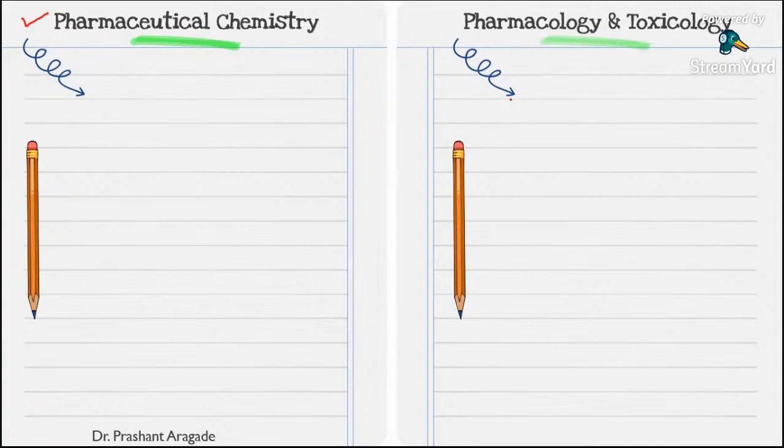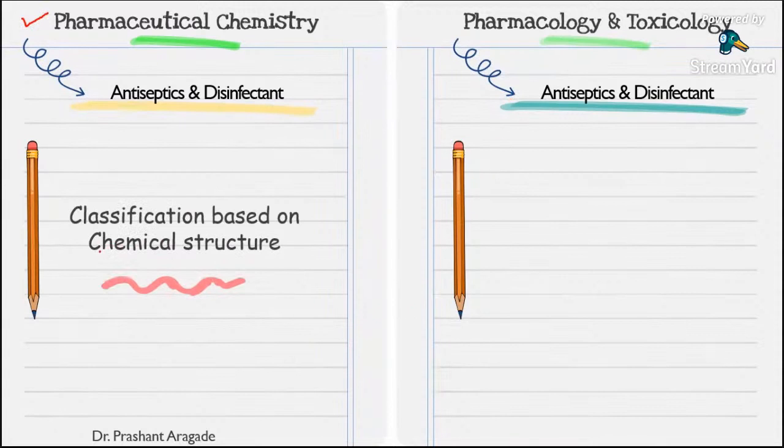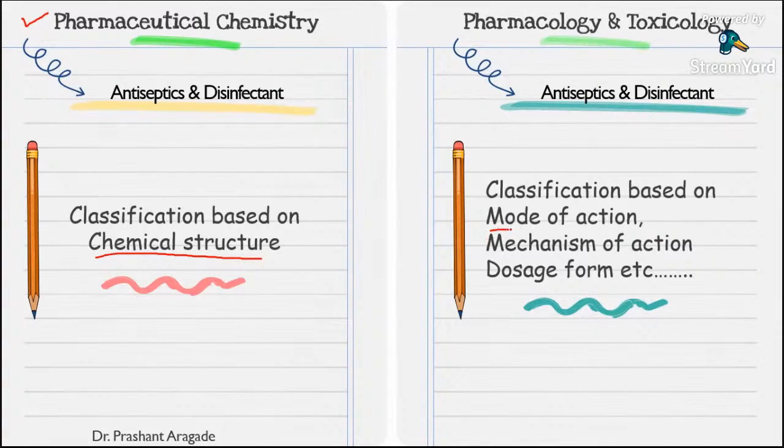A 100 pages notebook is sufficient to complete the classification of all the drugs which are given in your syllabus, that is part B, isn't it? So you have to write the classification based on chemical structures in the pharmaceutical chemistry part, and classification based on pharmacological actions, mode of actions, mechanism of actions or dosage form in the pharmacology part.